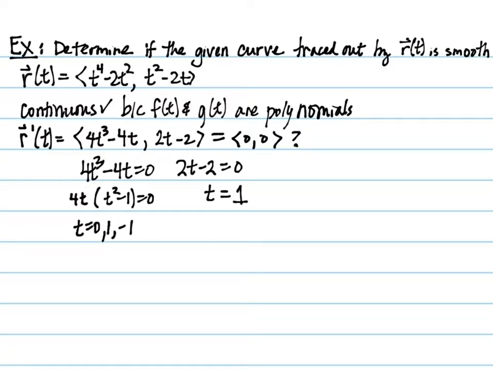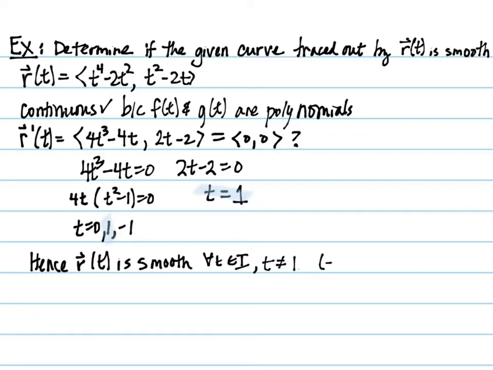But the part that matters is the one that matches. This is t equal to 1, and this is t equal to 1 in here. So this is going to be smooth for all t on I, t not equal to 1. Or in interval notation, negative infinity to 1, 1 to infinity.